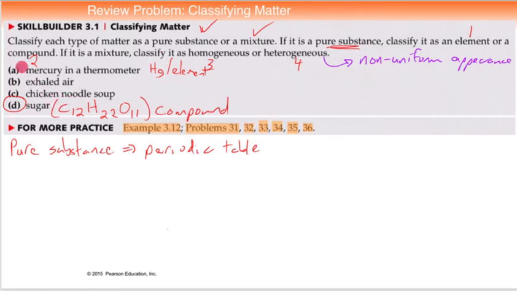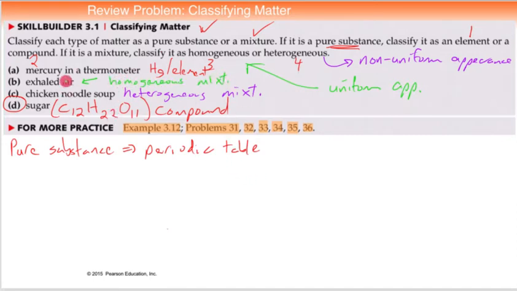If you can pick out 2 specific features that are physically different from one another, then you're dealing with a heterogeneous mixture. Whereas a homogeneous mixture is made up of 2 or more compounds or elements, and the main point here is it has a uniform appearance. And of course, air is an example here.